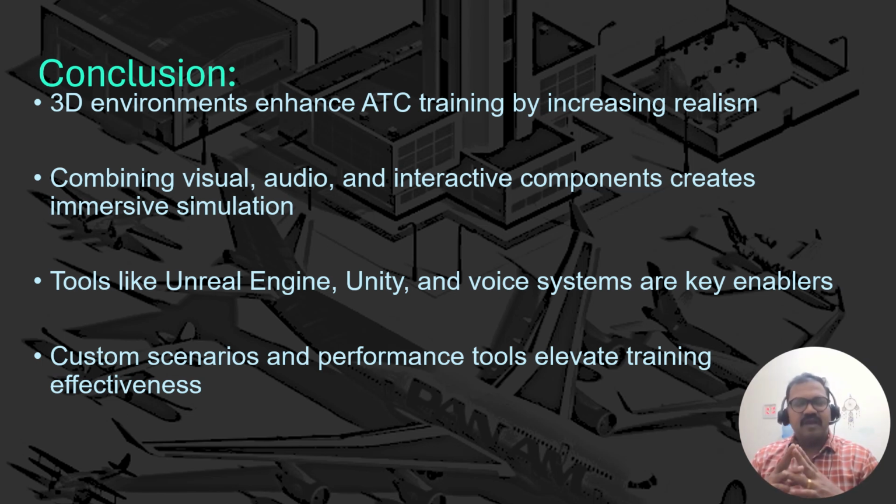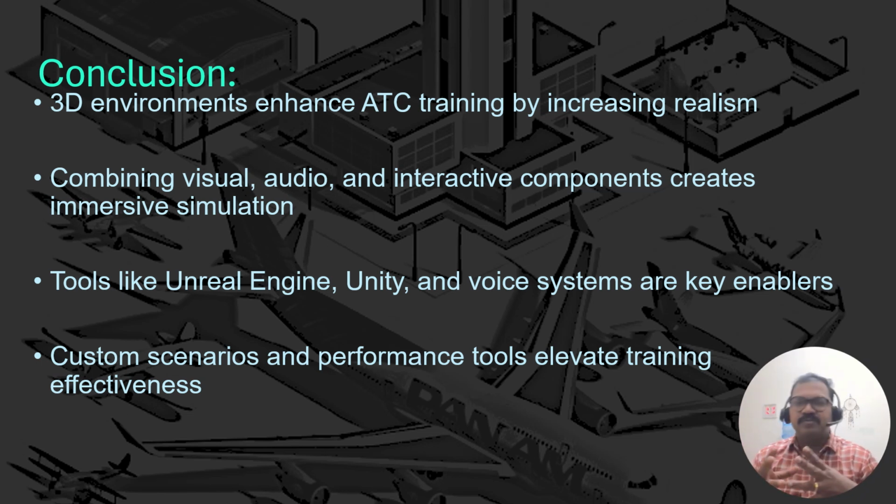So guys, thanks so much for watching. Today we learned about the tower simulator, what the major interactions are, and what the major components are: visual environment, audio cues, interactive systems, traffic and scenario management, and user interface.